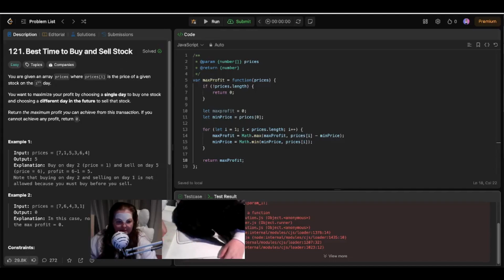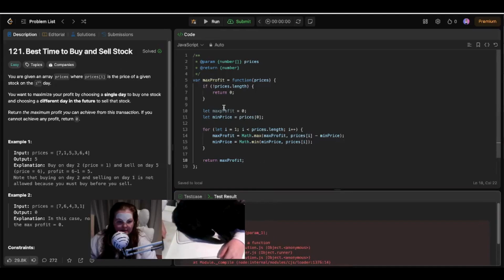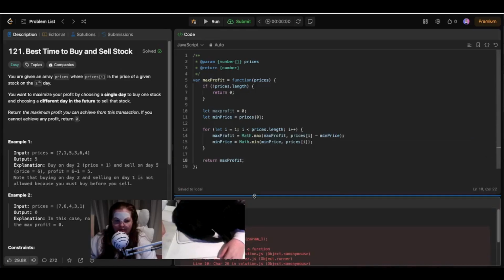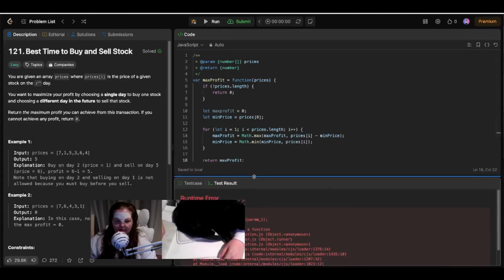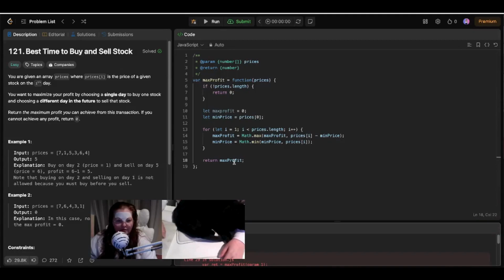Profit is not a function. What do you mean it's not a function? Am I missing something? Did I spell profit wrong?